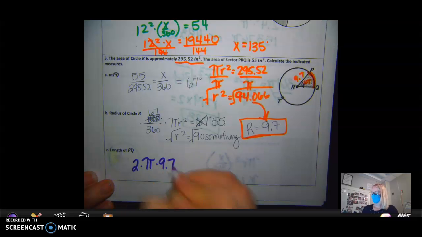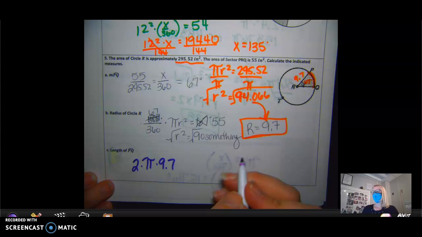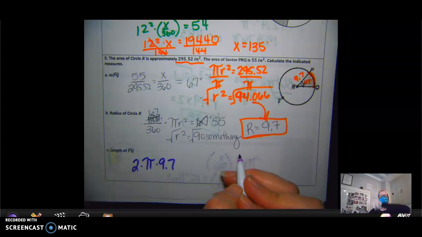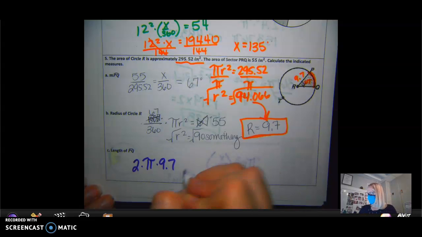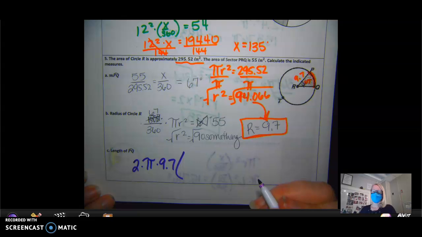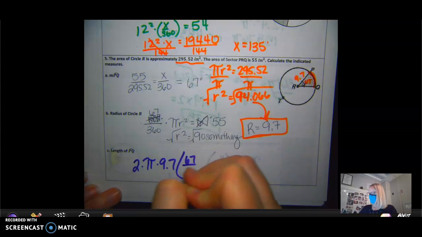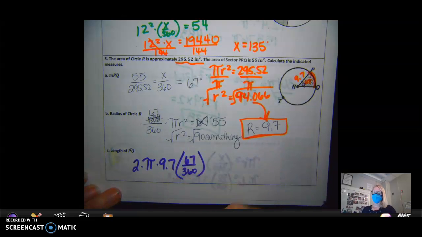And in that case, our radius is this, right? But that gives me the whole distance around the circle. Do I want the whole distance around the circle? I just want that section, so I multiply it by what? 67 over 360, the part that it takes up out of the whole.